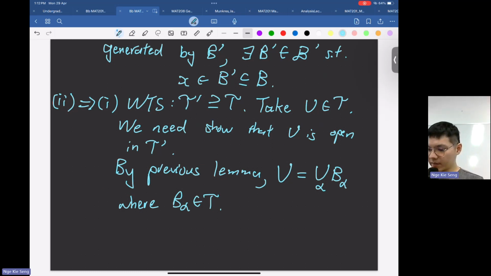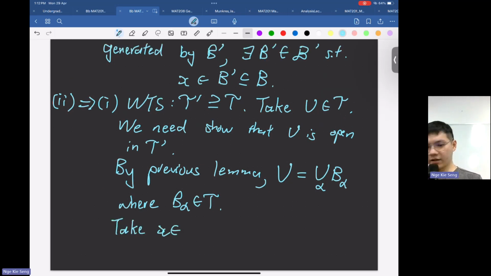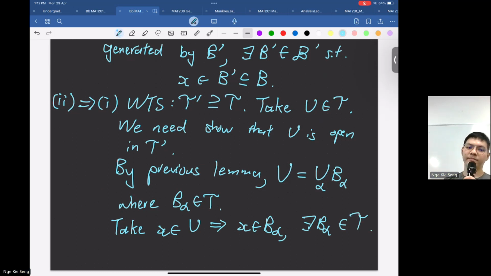If I take X in U, this implies X is in B alpha for some B alpha. Make sense?